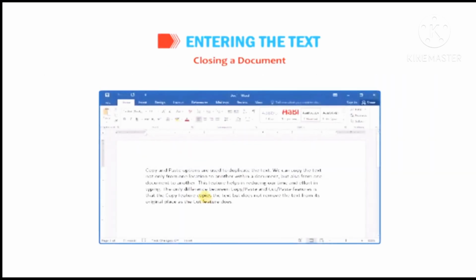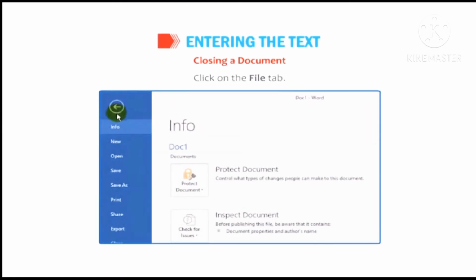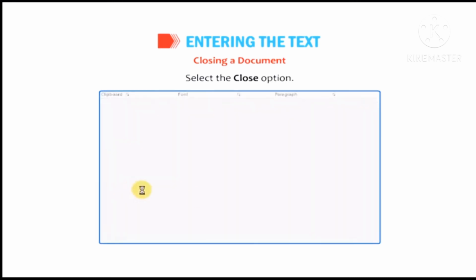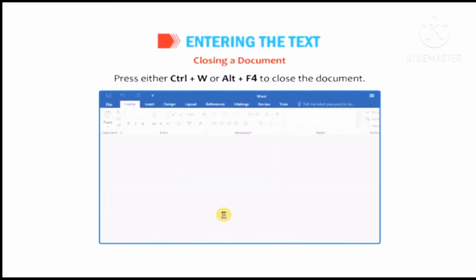Closing a document. Select the Close option after clicking on the File tab. Press Ctrl plus W or Alt plus F4 to close the document.